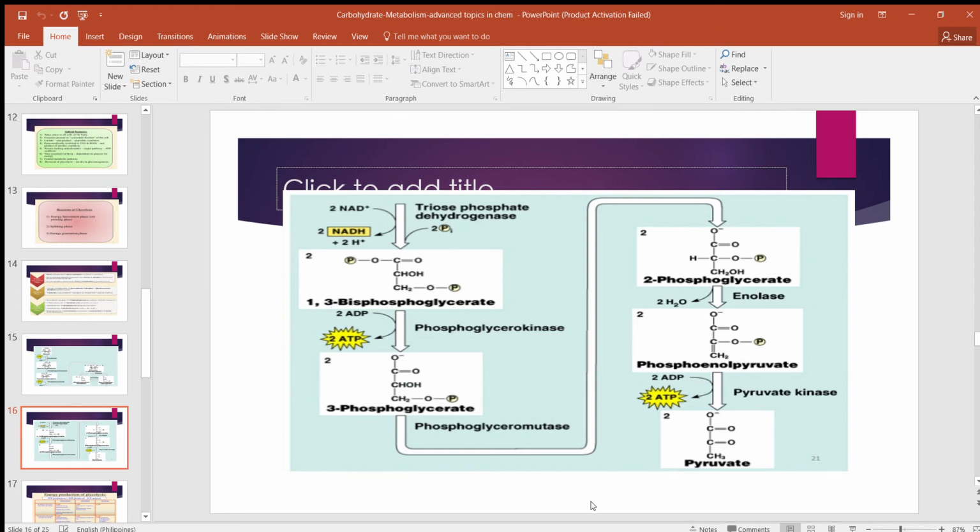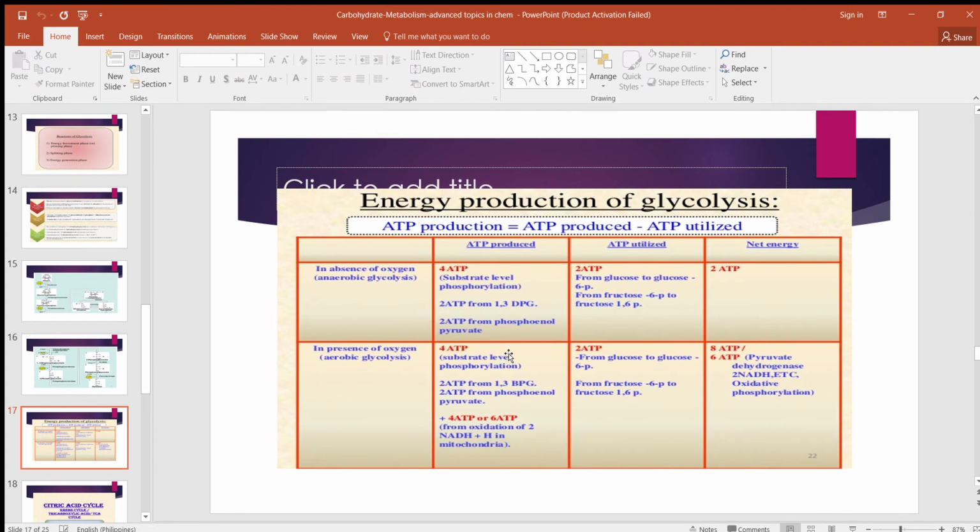Okay po, sa glycolysis process. Okay, explain po natin yung ating energy production of glycolysis. So, ATP production is equal to ATP produced minus the ATP utilized. As I have said, in the absence of oxygen or anaerobic glycolysis, meron tayong na-produce na 4 na ATP during the substrate level phosphorylation.